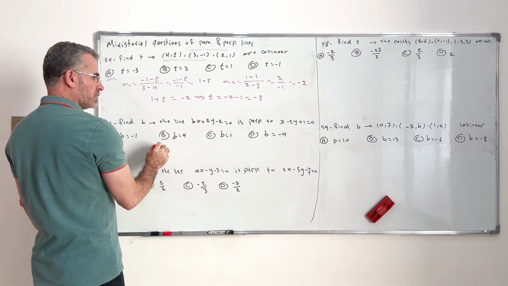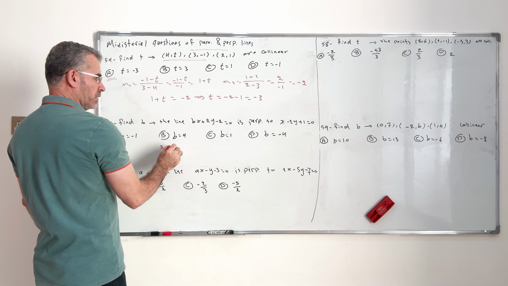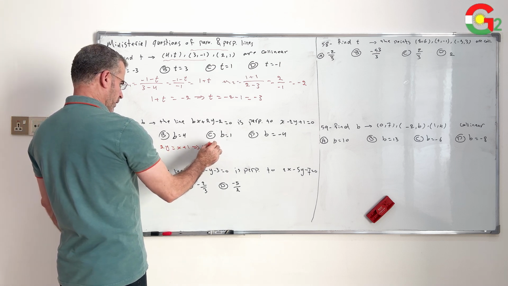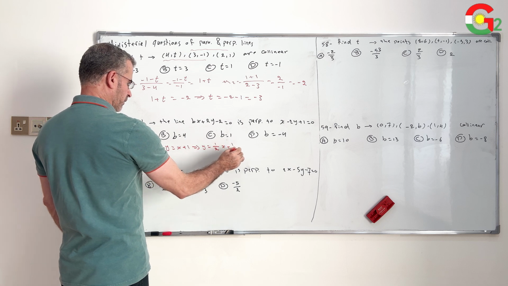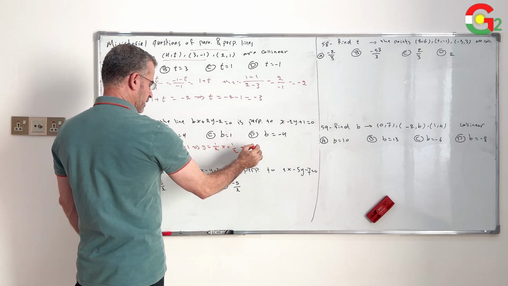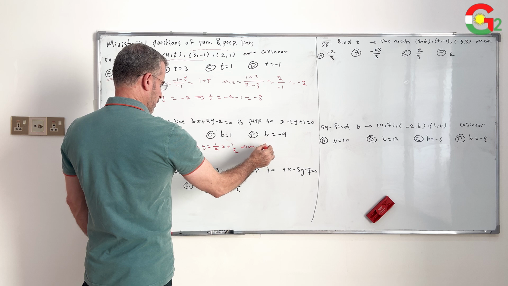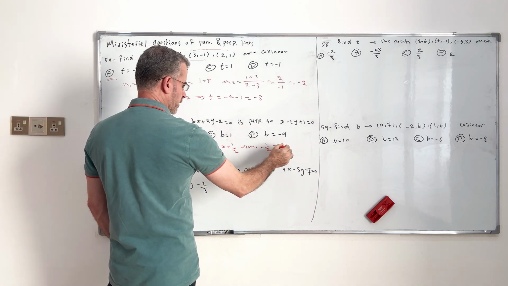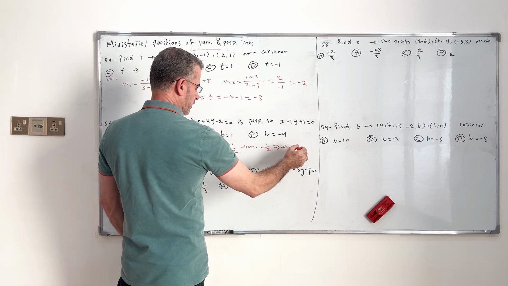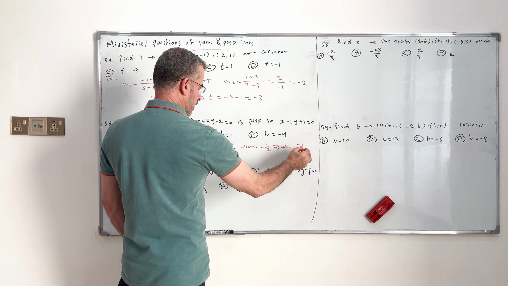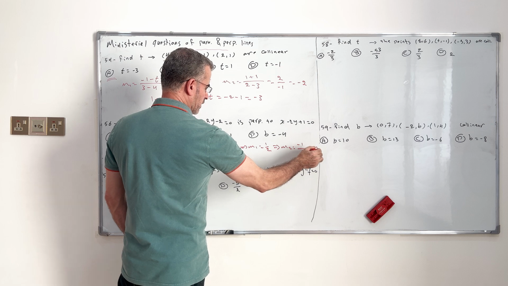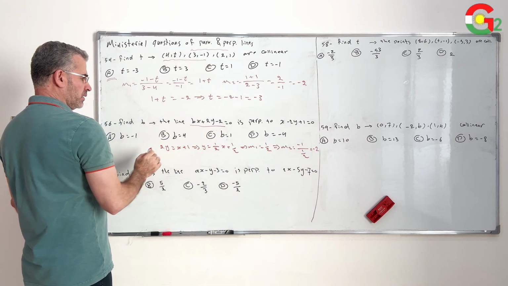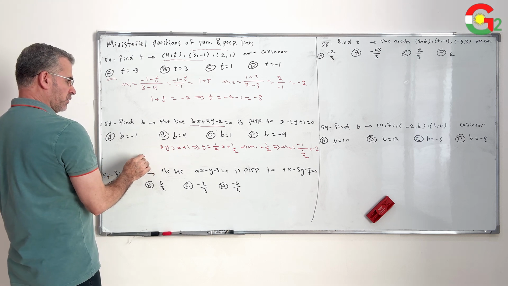Rewrite this equation in slope-intercept form. 2y equal to x plus 1, then y equal to 1 half x plus 1 half. Then the slope of this line is 1 over 2. Since the two lines are perpendicular, then the slope of the first line is negative 1 over 1 over 2, it is negative 2.